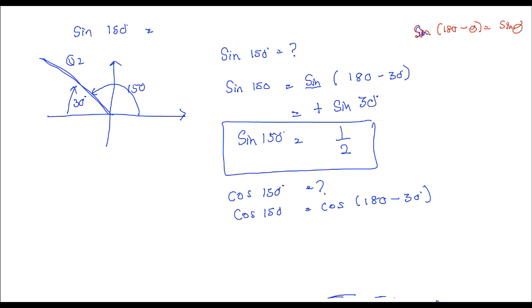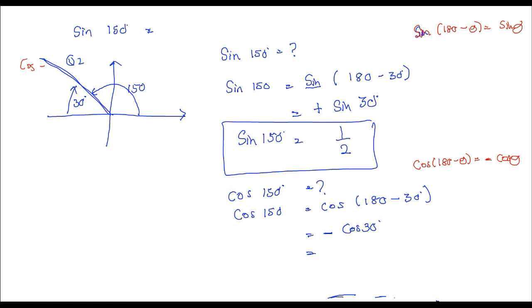Okay, now the rule here is cos(180 minus theta) is cos theta, but the sign would be negative because in the second quadrant cos is negative. So if we follow the rule, negative cos 30.